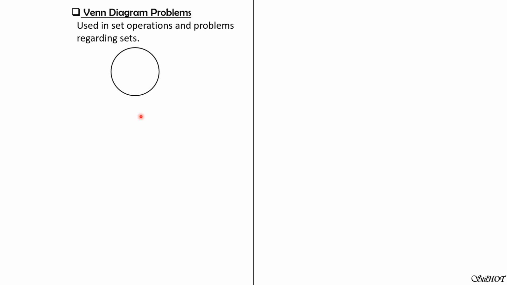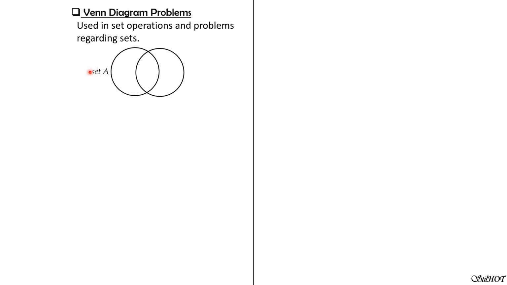So survey. Then let us say we have two sets here, A and B. So we have set A and set B. We first fill in the common area, the common space between the two sets.